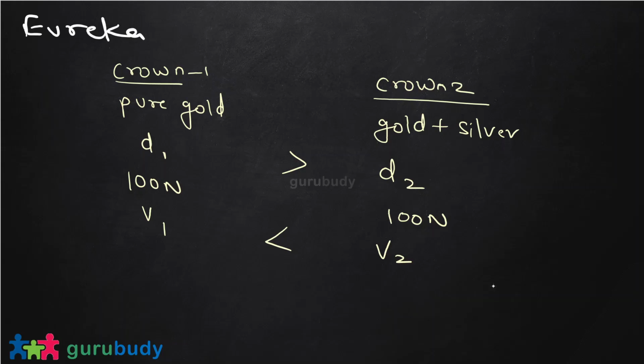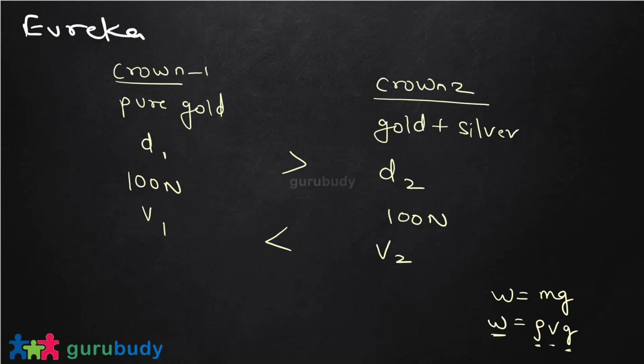Because weight is mass into gravity, and mass is density, I'm going to use this symbol for density, into volume. So if the weight is the same, and gravity is of course not changing between the two crowns, if the density is higher, the volume would be lower. It would be inversely proportional to the density. So this was basically the answer.